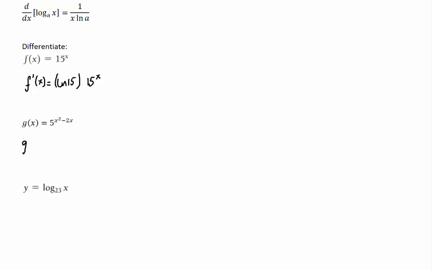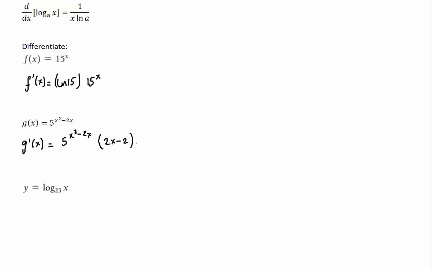Here again, you do the same thing. And what is it? Well, I'm going to copy the exponential, or the whole function. Then by chain rule, I still have to multiply times the derivative of the exponent, so 2x minus 2.